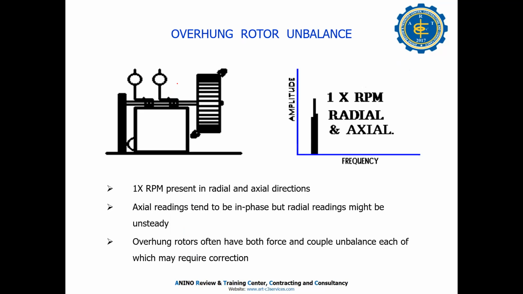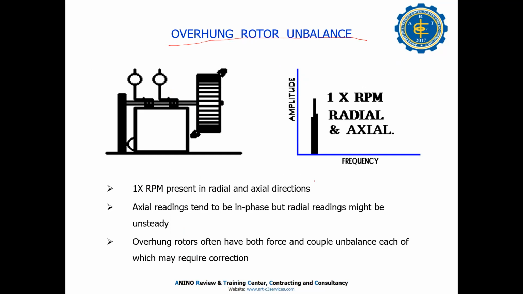Okay, so overhang rotor. The previous was the unbalance, now is the overhang. In the overhang, one time RPM is present in the radial and axial direction.